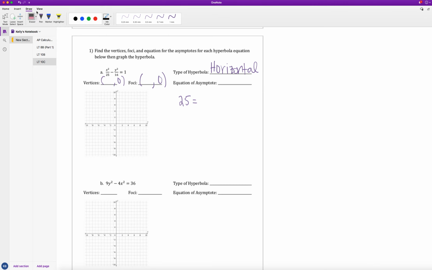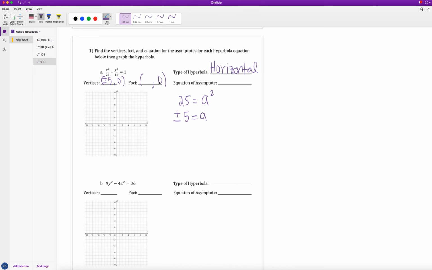Little typo there. That 25 is my a squared value. Let's get that erased real quick. So 25 is our a squared value, which tells me that a is going to be at plus or minus 5. So that is going to be my vertices then, is at plus or minus 5, comma 0.